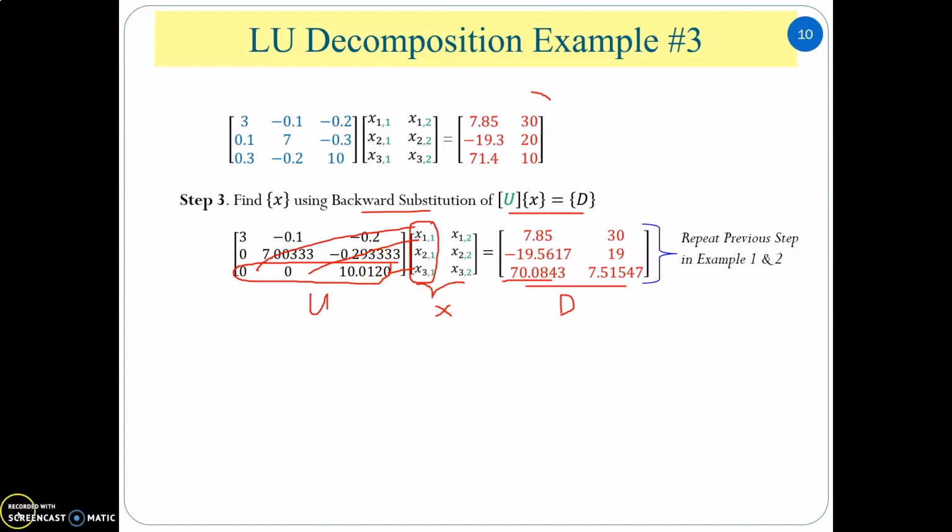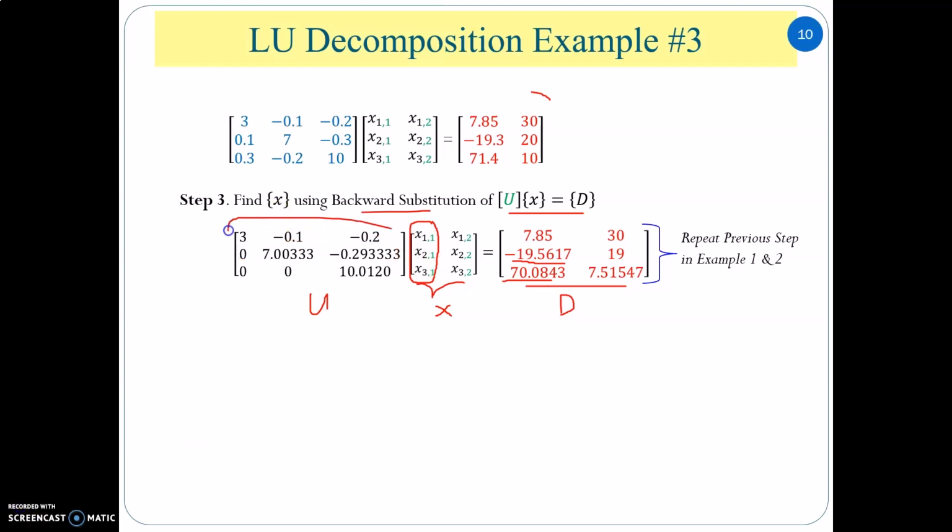So you continue, take the second row, multiply with this column, give you this answer. Then multiply the corresponding elements: 0 multiplied by this, 7 multiplied by this, and negative 0.29 multiplied by this, equal to negative 19 point something here. Then you can find the answer for x21.